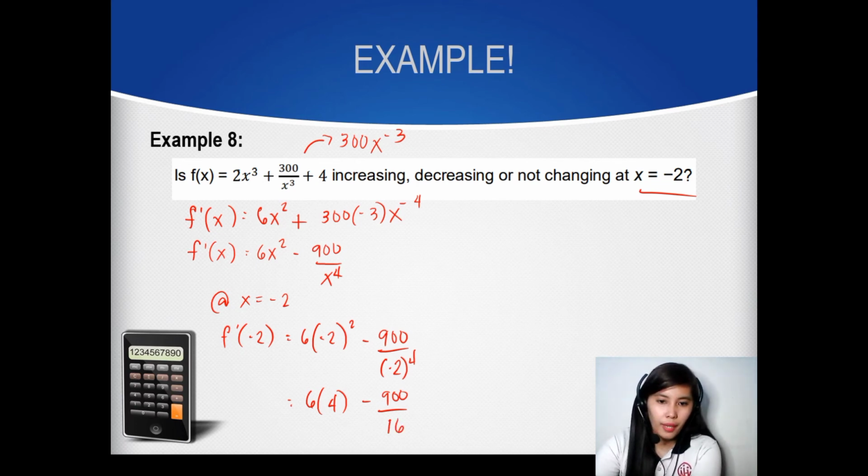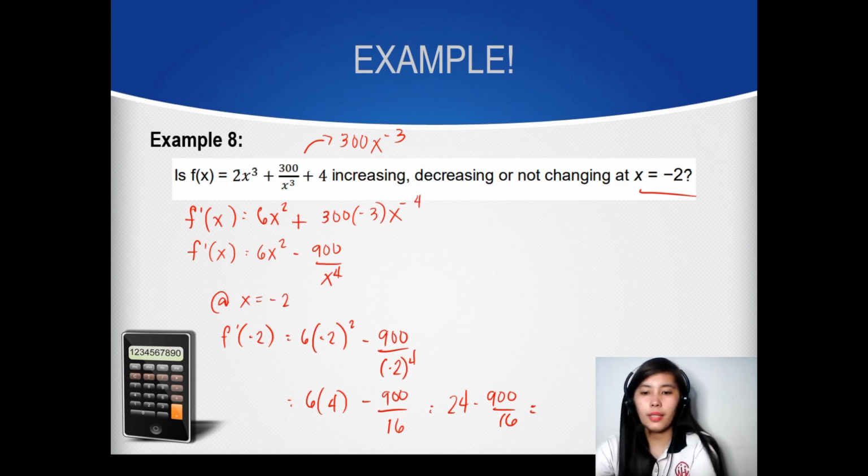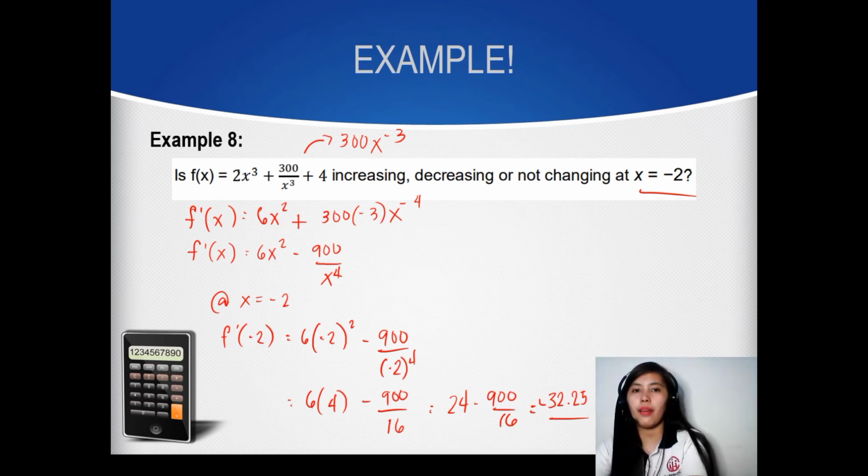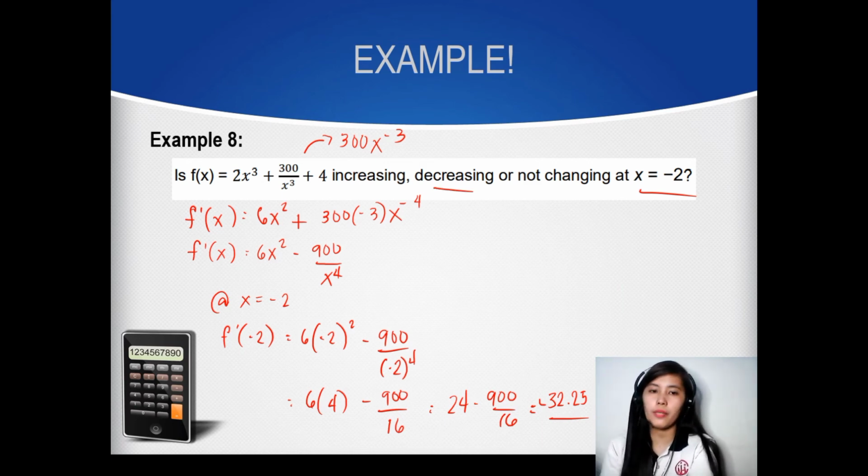So we have 24 minus 900 over 16. That is negative 32.25. So therefore, since we have a negative answer, our answer here is decreasing. So at x is equal to negative 2, this function is decreasing.